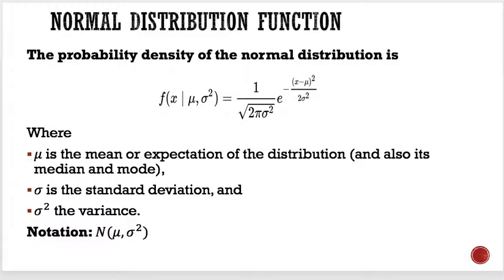Wow, but finally we got this function. It looks very complicated. Fortunately, you don't need to learn this function, but you had better know: this is the probability density function of normal distribution.